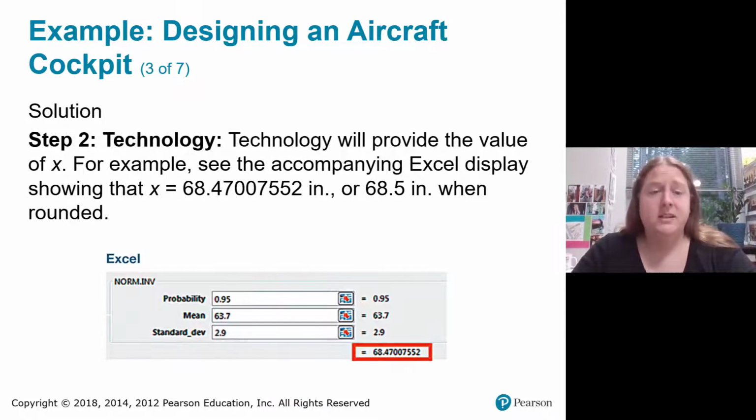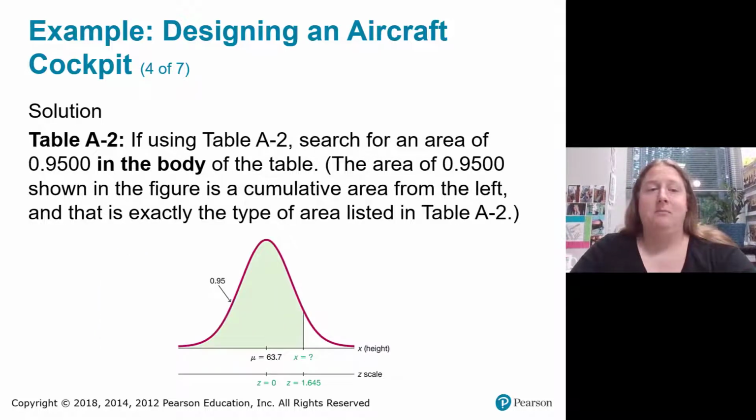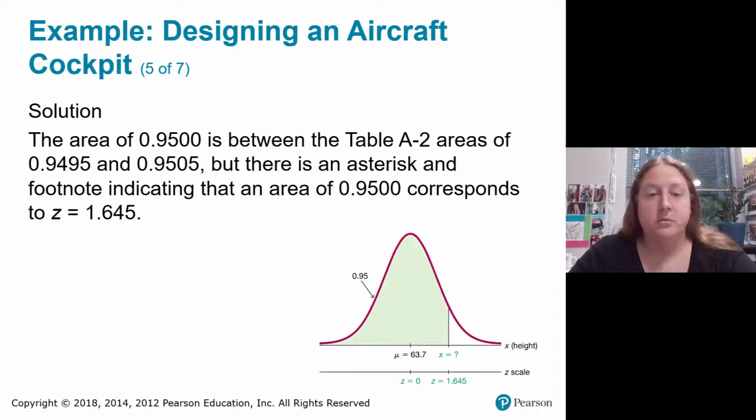So we can use technology to help us out, but let's take a look at using table A2. So if we're using table A2, we're going to search in the body of the table for 0.95. And when we find it, we're going to identify the z-score that goes with it. So when we identify the z-score that goes with it, we'll get a z-value of 1.645. So 1.645 is one more place than we normally have in our z-scores.